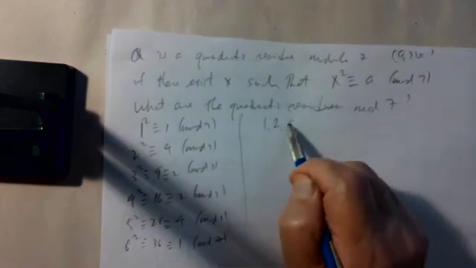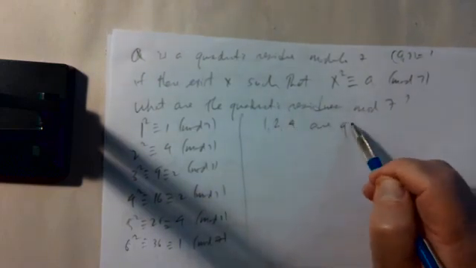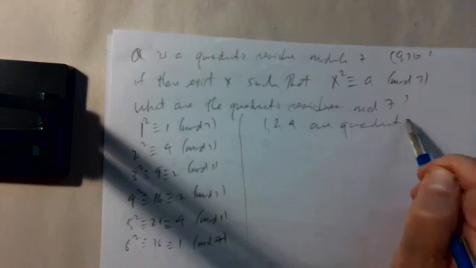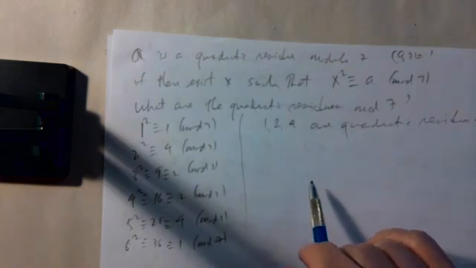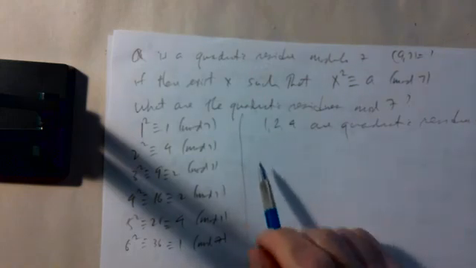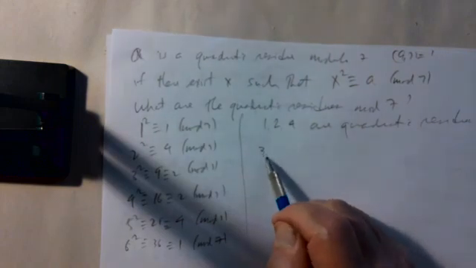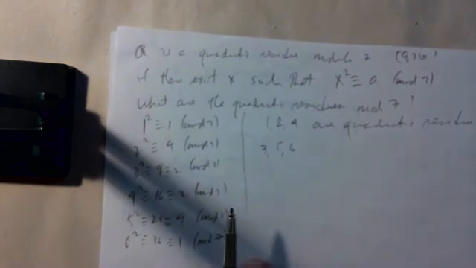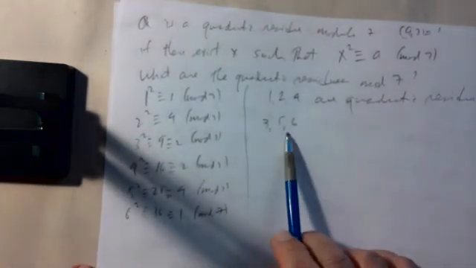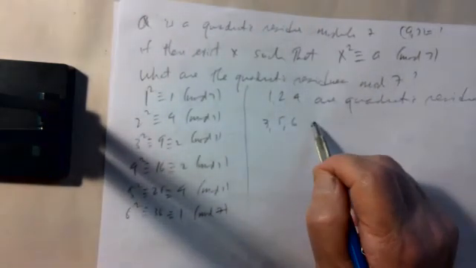So 1, 2, and 4 are quadratic residues mod 7. But what about the other congruence classes, non-zero mod 7? 3, 5, and 6. Well, there's no number that you can square that gives you 3, 5, or 6.